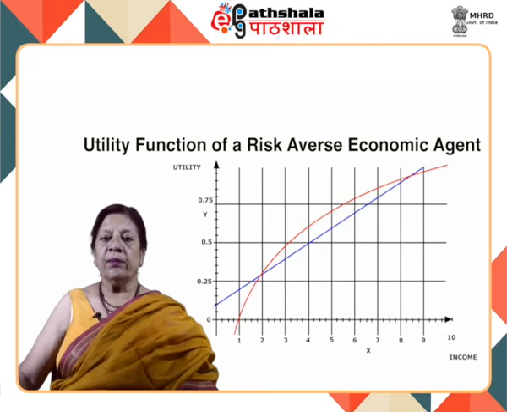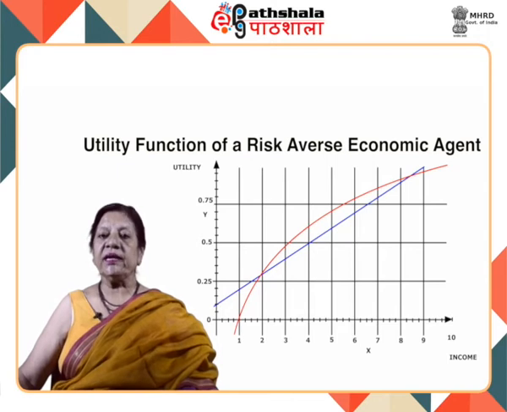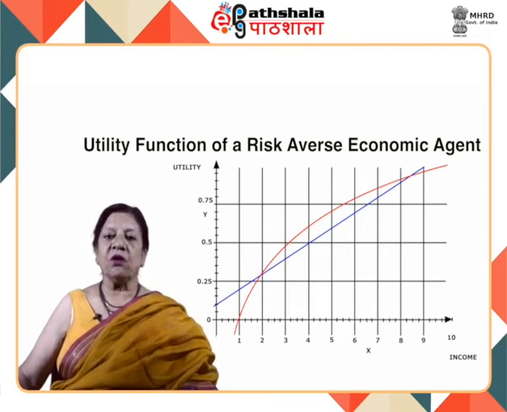This is because although the expected income is 5 units, the economic agent or individual actually gets either 2 units of income or 8 units of income.